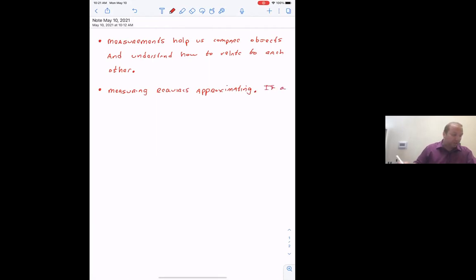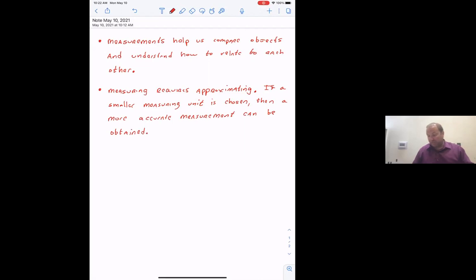If a smaller measuring unit is chosen, then a more accurate measurement can be obtained. And this seems very reasonable.